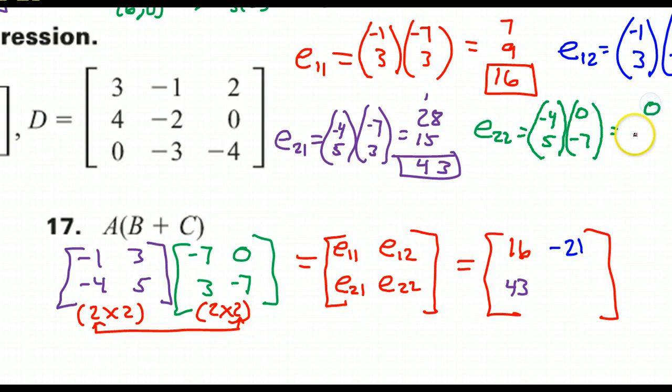That's going to give me 0 and -35, which gives you -35. So this should be the answer. We added B and C, then we multiplied A times that, so there you go.